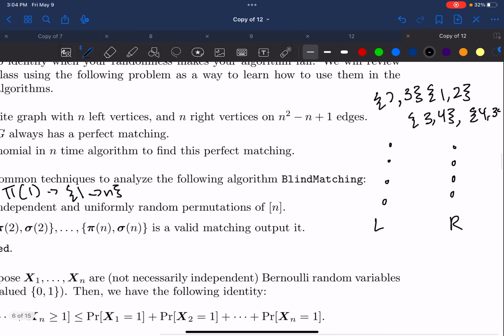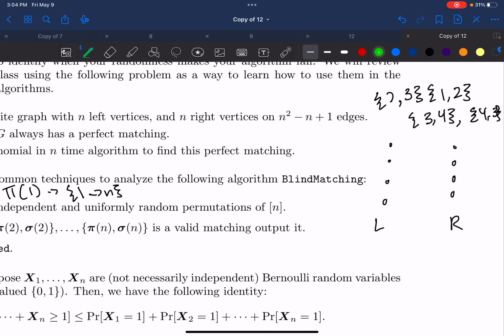That would correspond, on this graph, to a matching that might look something like this, where we go 2 to 3, 1 to 2, 3 to 4. Oh, and it looks like we used 3 twice, so we'll have to do 4 to 1 here. So that would correspond to a matching like this, where all these green edges may or may not be on the graph.